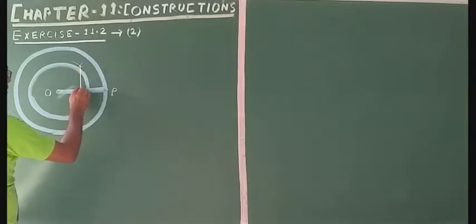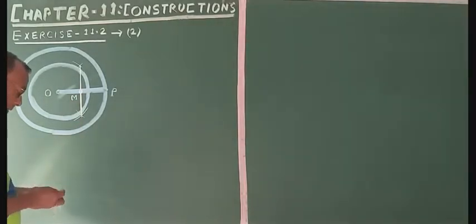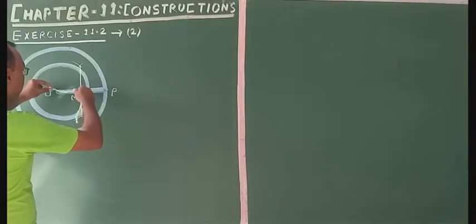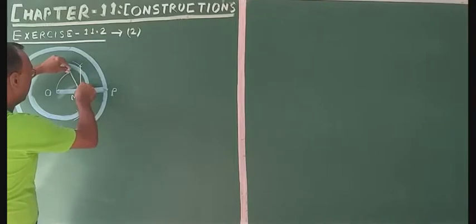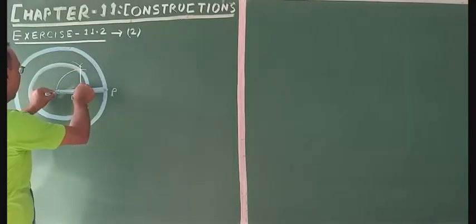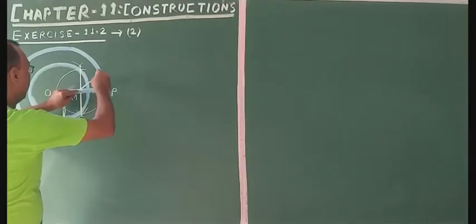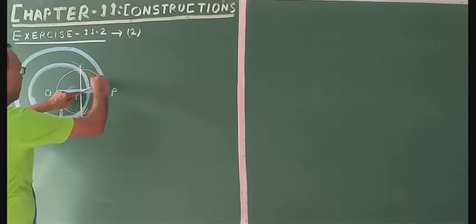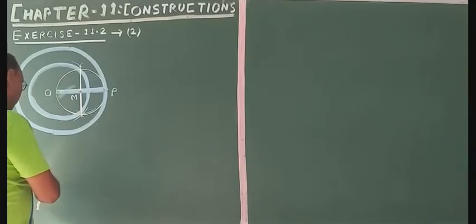This is the perpendicular bisector of OP and this is the point M, midpoint of OP, and then we will draw a circle, as in the previous question, in this way.